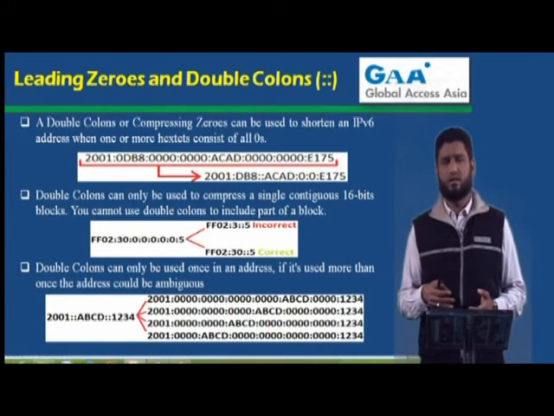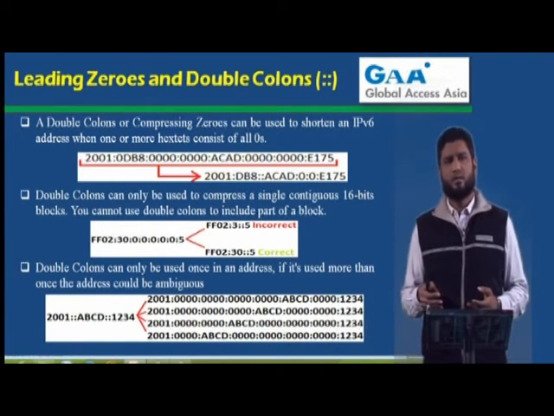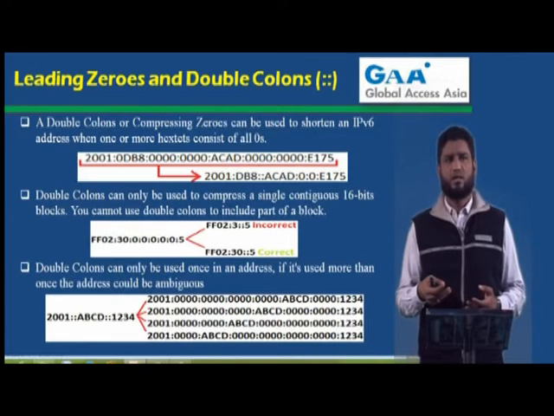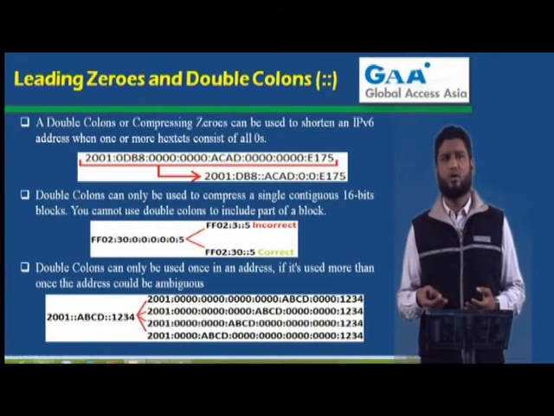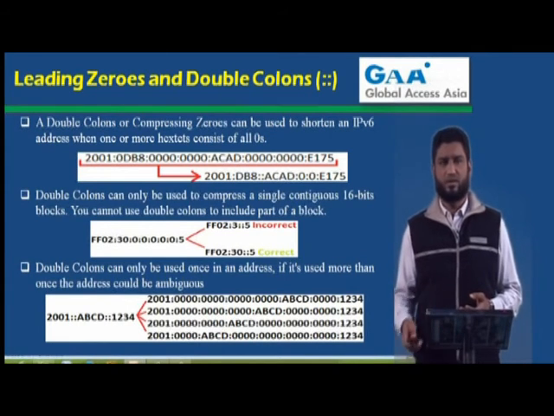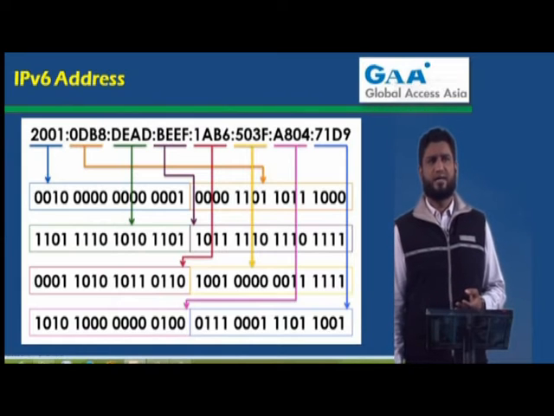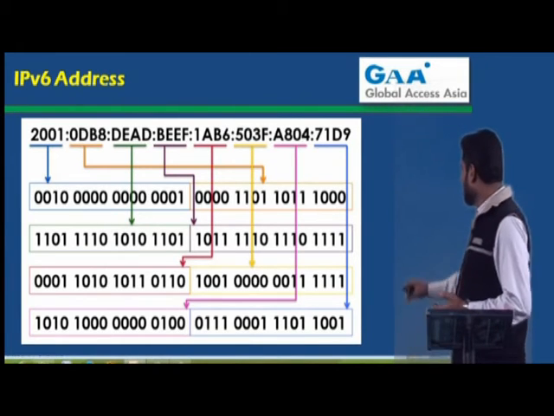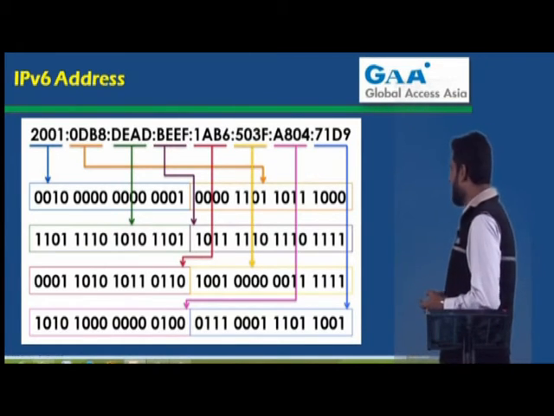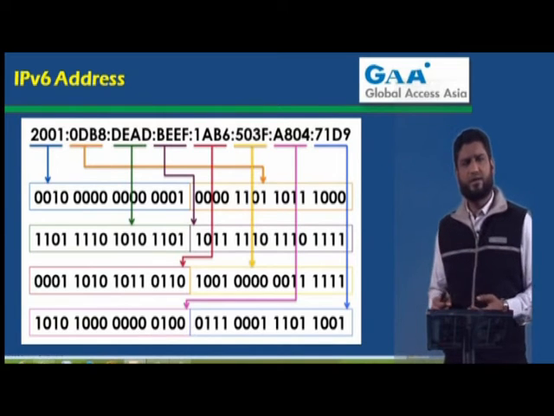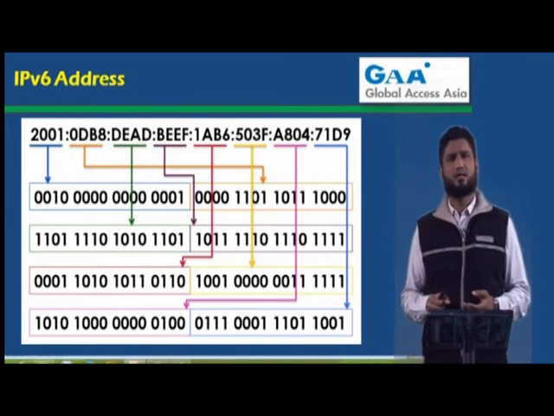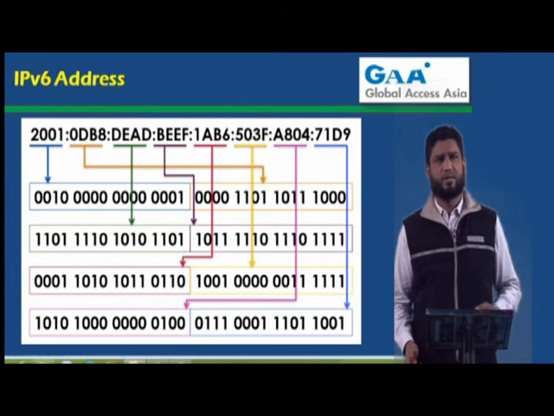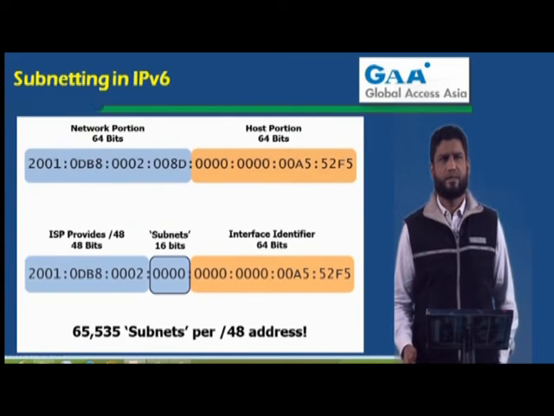There are some rules and syntax, and based on this syntax we have to use the double colon, and it must be used only one time. If it is used more than once, the address could be ambiguous. Here one IP version 6 address is given, and this is the binary conversion of that IP version 6 address.